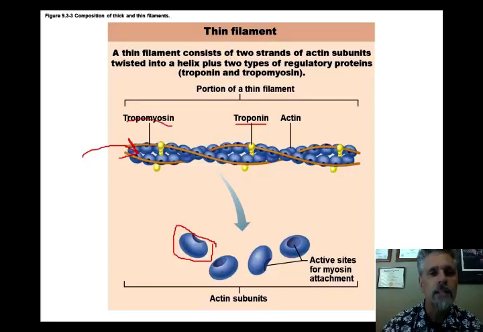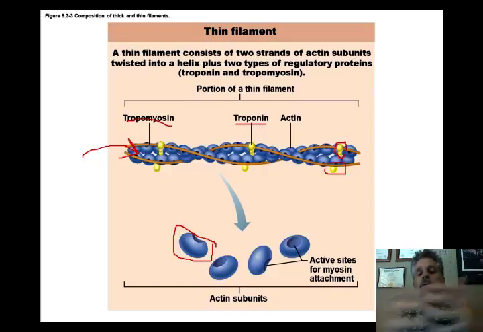So tropomyosin is that brown thread you see going around, and troponin is a three-part molecule you see here in yellow that occurs every once in a while. And the troponin and tropomyosin are called regulatory proteins instead. So actin and myosin are actually doing the contraction, but tropomyosin and troponin are controlling it, managing it instead. So they're associated with the thin filament.